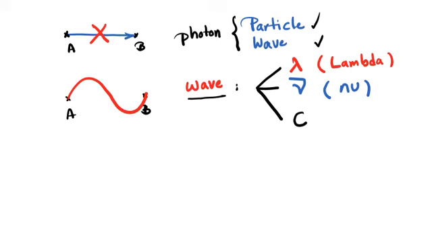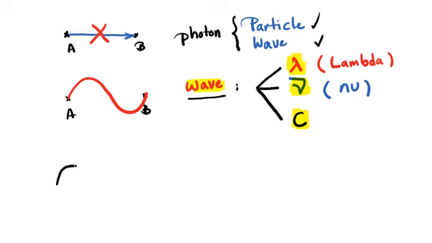So for our class, we are going to focus on waves, and we are going to learn some characteristics of waves, like wavelength, frequency, and speed of light. By this quick review, I remind you that photons, electrons, travel in a wave pattern.